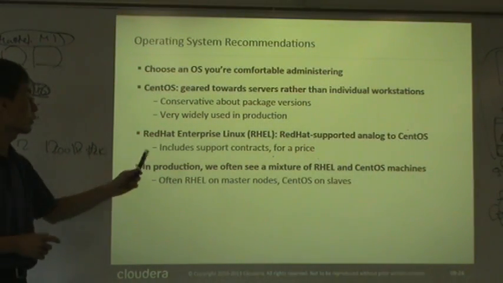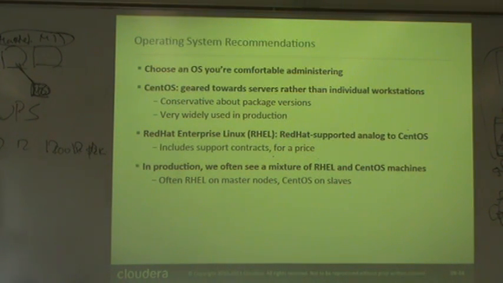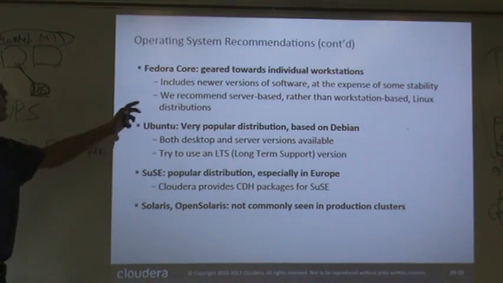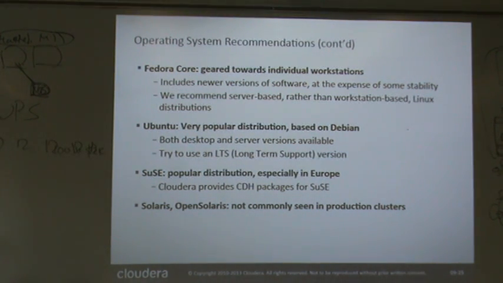Red Hat, the enterprise level Linux, is also supported. I believe many of you are using Ubuntu or even Mac OS. That's okay. In addition, you can use Fedora Core. Fedora Core is for clusters.